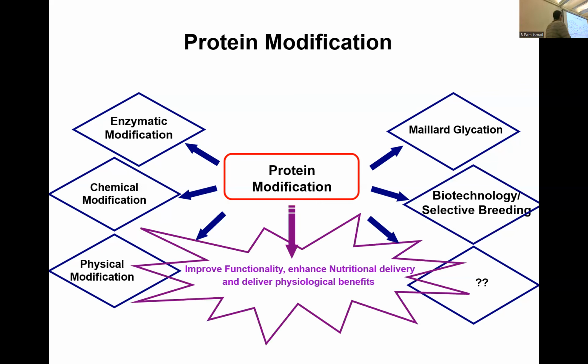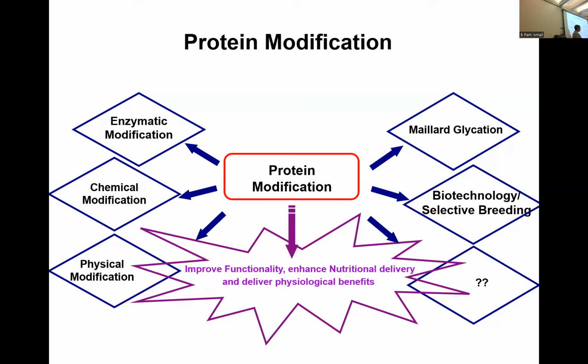So, whatever we choose to do, the target is to improve functionality, but we don't want to cause any nutritional damage or any physiological damage. So either enhance nutritional delivery or not mess with it.